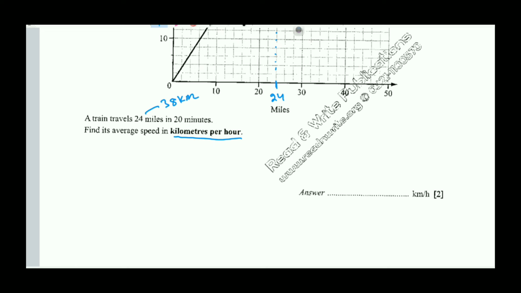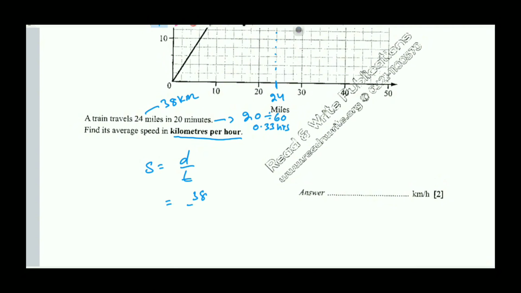Now you have to find the answer in kilometers per hour. So for kilometers per hour, minutes will be converted into hours. 20 divided by 60 is 0.33 hours. So speed is equal to distance over time.